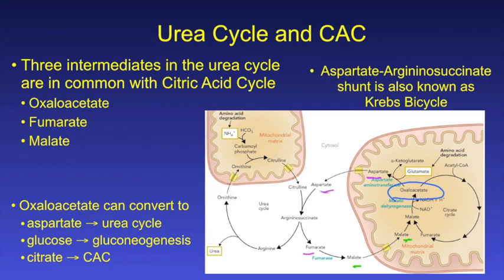It can react in the citric acid cycle. We know that oxaloacetate is also a pathway to start gluconeogenesis. We now understand that oxaloacetate can also react to form aspartate, which is part of the urea cycle. And so this particular intermediate, the oxaloacetate, which is an alpha keto acid itself, is very important.